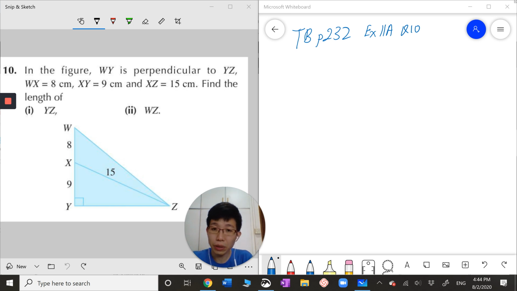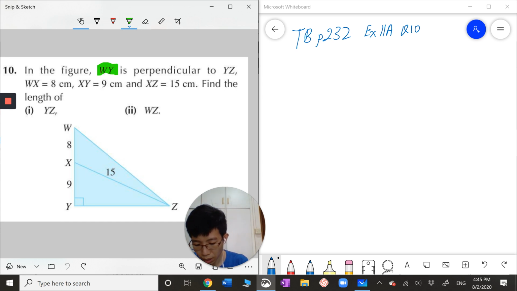Whenever we do Pythagoras Theorem questions, the first thing is to look at the diagram. You want to identify where the right angle triangle is. In this case, they say that WY is perpendicular to YZ, so WY perpendicular to YZ.